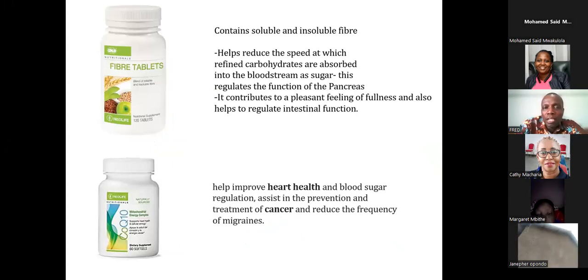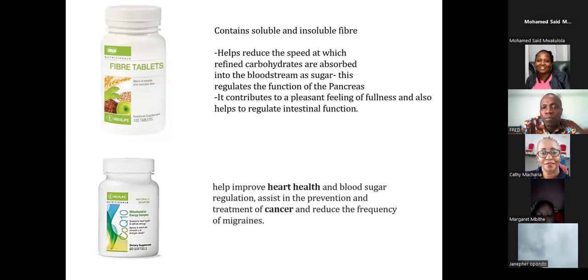Now, another product that is important for regulating sugar levels in your body is fiber tablets. Now, what does fiber do in your body? Remember, we are talking about the importance of taking whole grains. Now, fiber tablets is made from both plant fiber and fruit fiber. It actually helps reduce the speed at which refined carbohydrates are absorbed into the bloodstream as sugar.